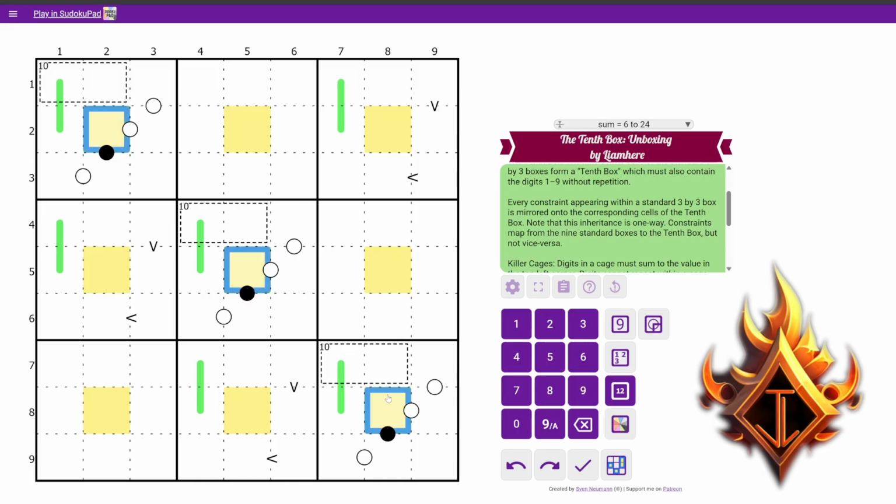Nine cannot be in any of those. The less than is pointing here, so it cannot go there. It cannot go there because of that less than.